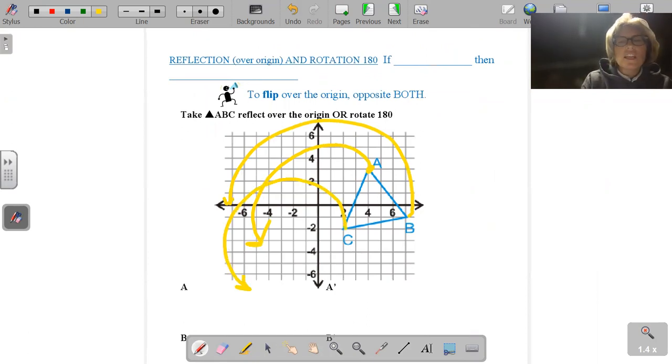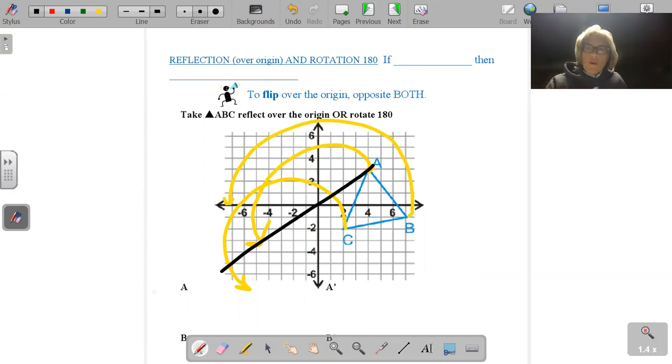I think you see that 180, as we know, is a straight line. So what we have going on here, rotating 180, is exactly the same motion as reflecting over the origin.